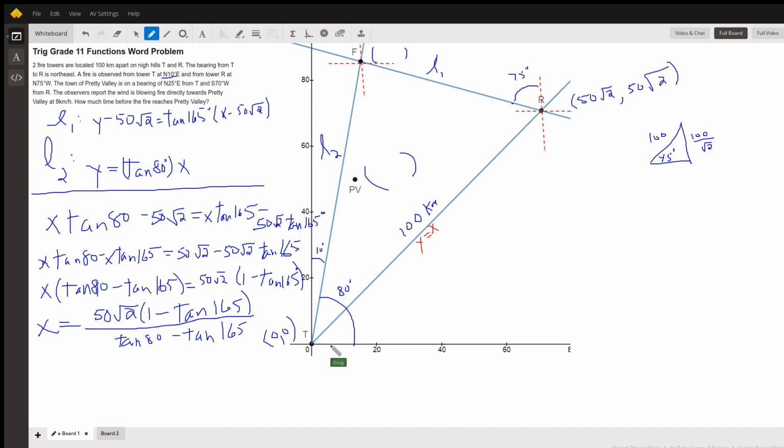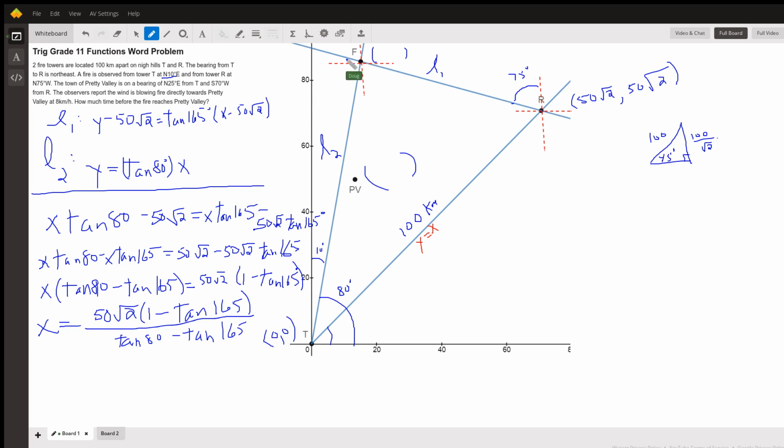So this is 45 degrees right here, which means we have a 45-45 right triangle with a hypotenuse of 100. And in a 45-45 right triangle, each leg is hypotenuse divided by the square root of 2. And if we rationalize this, we get 50 radical 2 for this leg and this leg. So the coordinates of R are 50 radical 2, 50 radical 2.